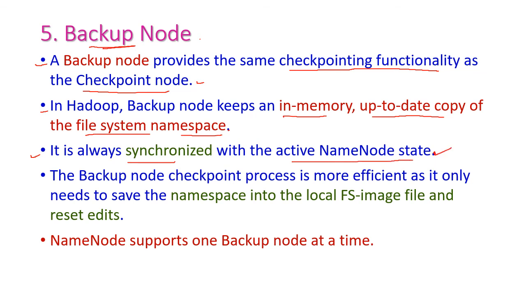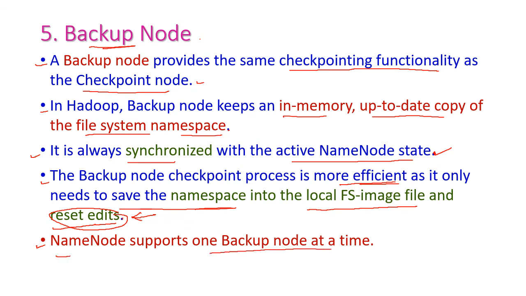Then only if there is any failure in the name node, immediately we can take the backup from the backup node. So the backup node checkpoint process is more efficient as it only needs to save the namespace into the local FS image file as well as reset the edit files. It will always be available in the backup node. The name node supports one backup node at a time. So in any system there should be one backup node.